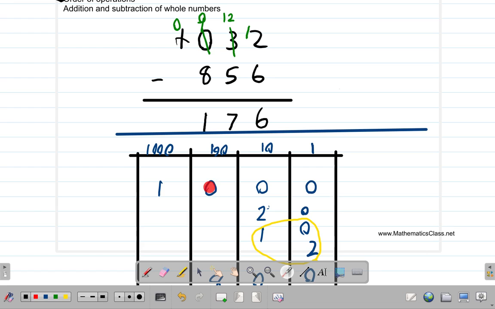I mean, this 0, you tried to borrow 1 from it and you couldn't. The same 0 here. You can see it. So you went out here and borrowed 1 from this one and it became 0. And this 0 became 9. But how did that work?